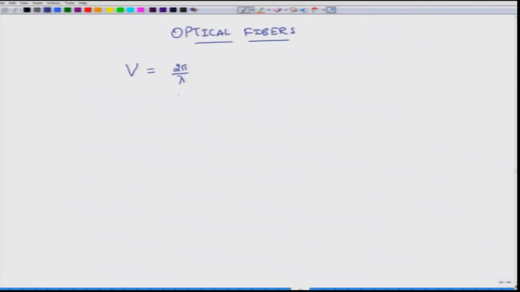So, this V number, which is a very critical parameter in optical fibers, is defined as 2 pi by lambda, where lambda is measured in free space, that is, not in the material medium which the optical fibers are made of, but in free space. So, you have 2 pi by lambda.